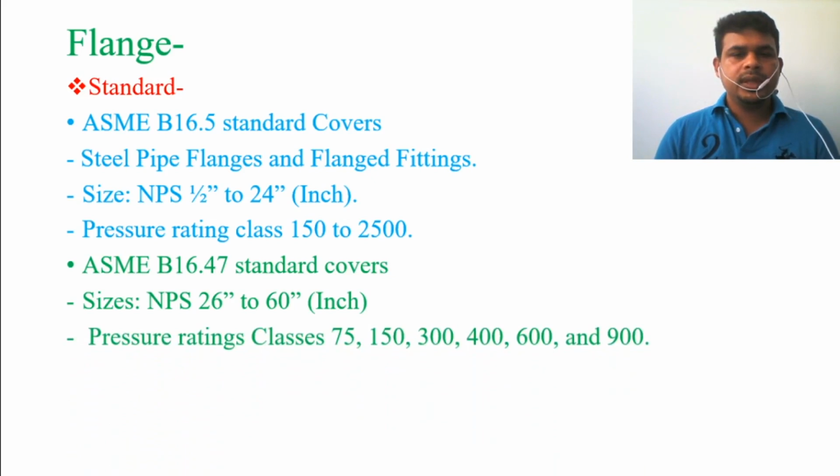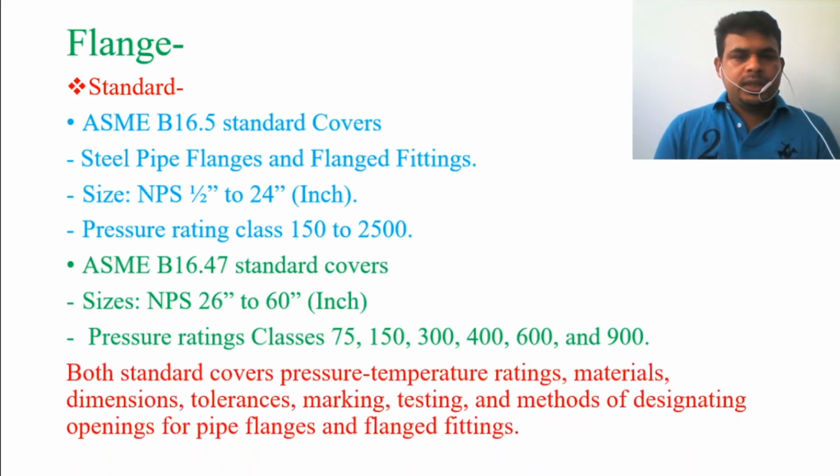So if you want to see big diameter flanges, you need to always refer to ASME B16.47. Pressure rating classes 75, 150, 300, 400 and 900 are all covered by ASME B16.47. Both standards cover pressure-temperature rating, material, dimensions, tolerance, marking, testing and method of designating openings for pipe flanges and flange fittings.